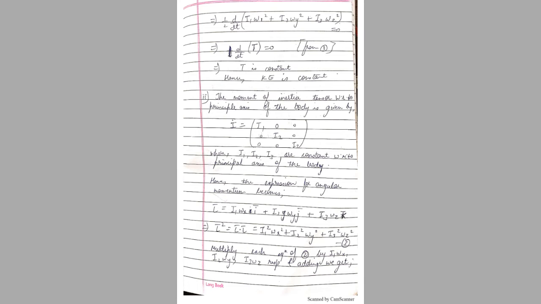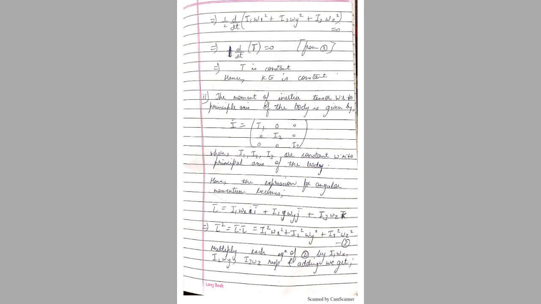So they wrote 1 by 2 over here so that it will get cancelled with the 2. And I know that I1, I2, and I3 are constant with respect to time, because the diagonal elements, or the moments of inertia, do not change with respect to time t when I consider rotation.